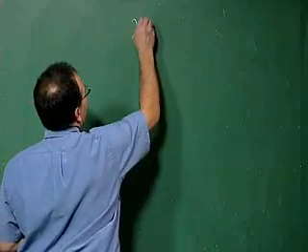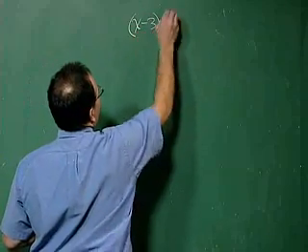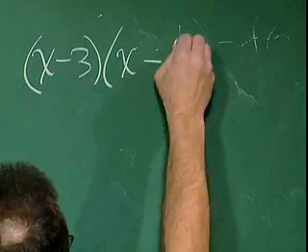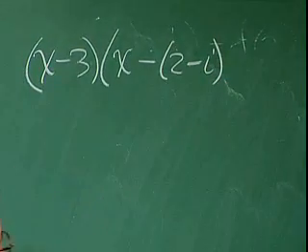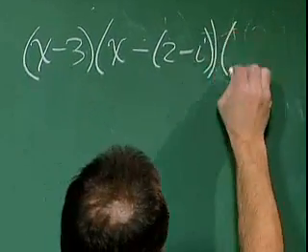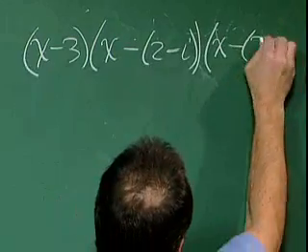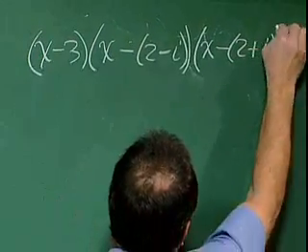Now, by the conjugate zeros theorem, if 2 plus i is a zero, then 2 minus i must be a zero as well. So the factors of this polynomial will be x minus 3, x minus (2 minus i), and then x minus (2 plus i).